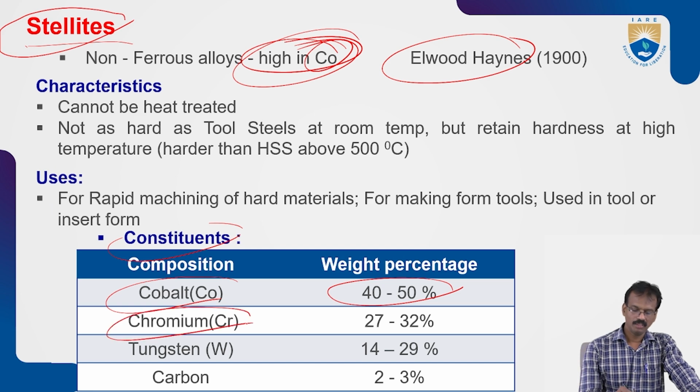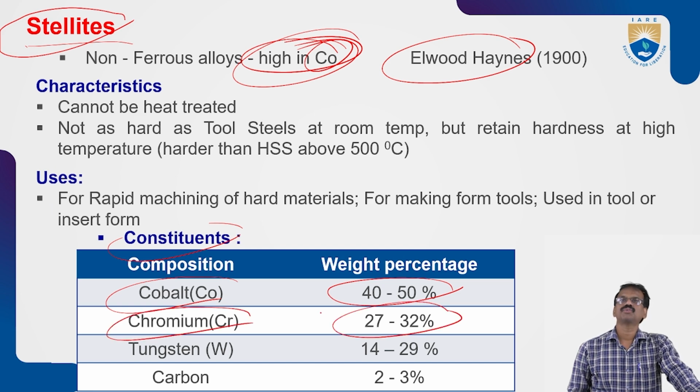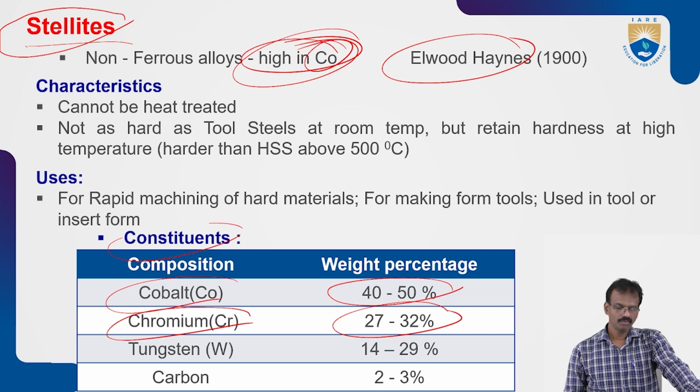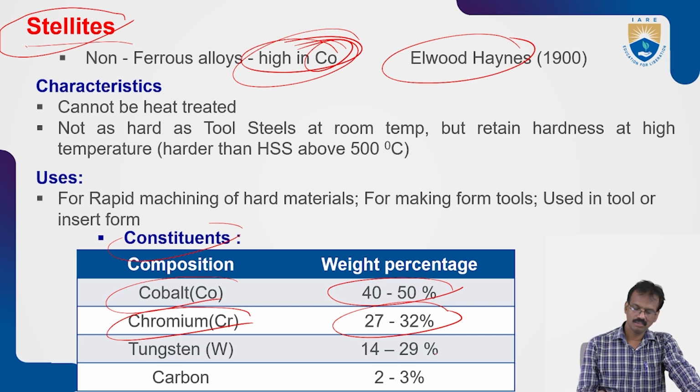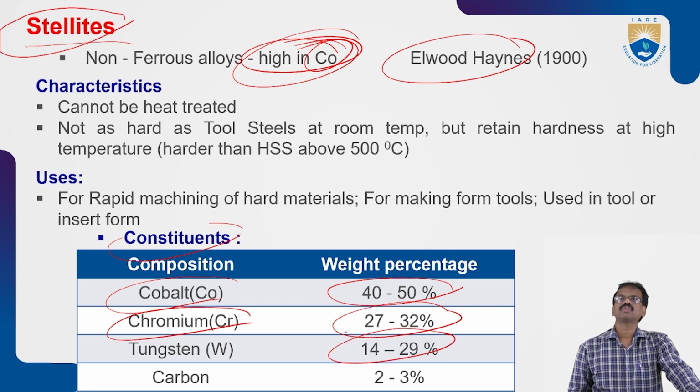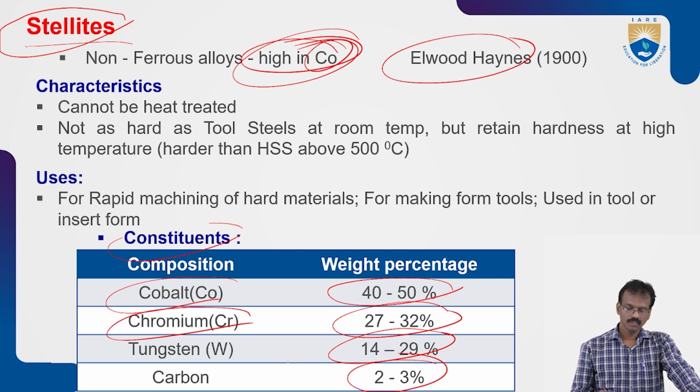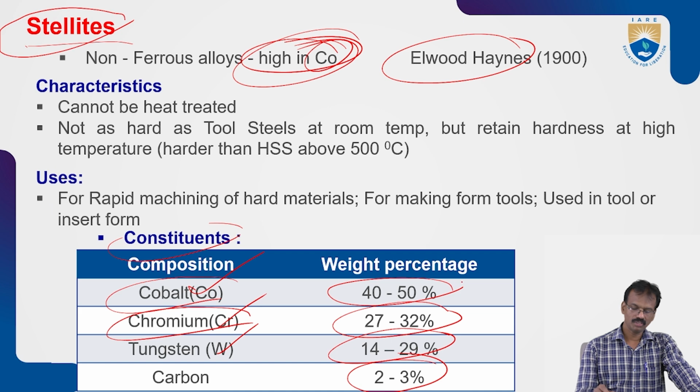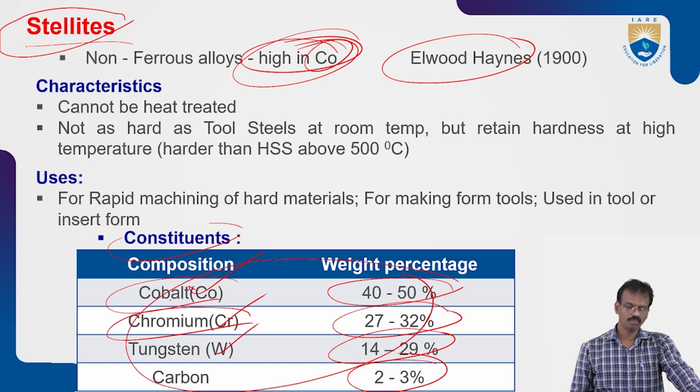Chromium is 27 to 32 percent compared to carbon and high speed steels. Tungsten percentage is also 13 to 29 percent. Carbon is 2 to 3. Okay. So because of this, cobalt, chromium, tungsten, these are the non-ferrous materials.